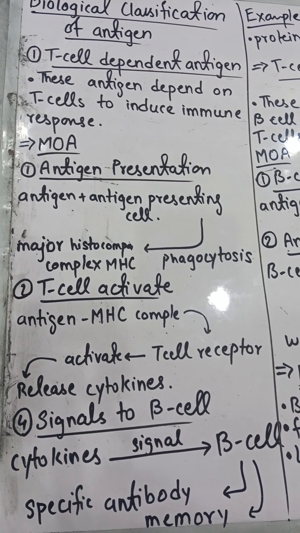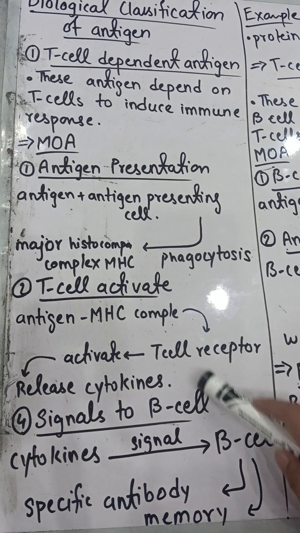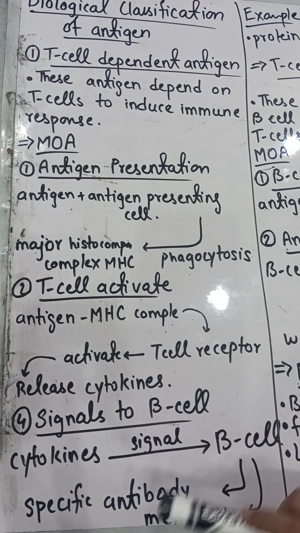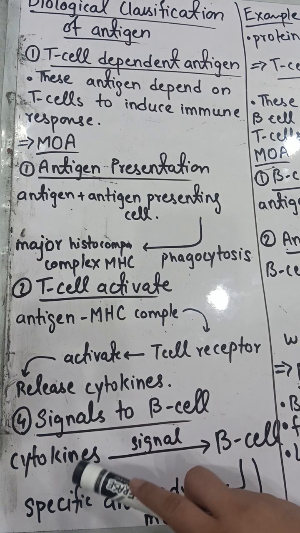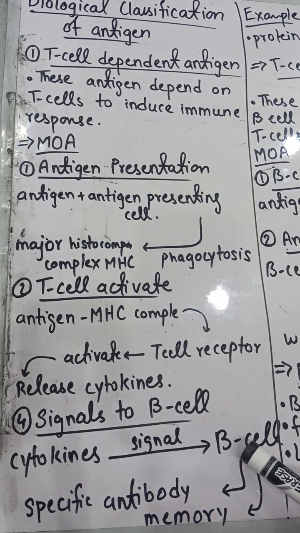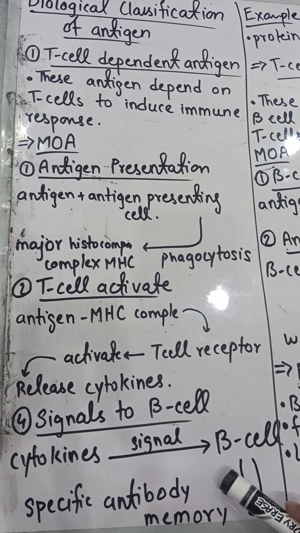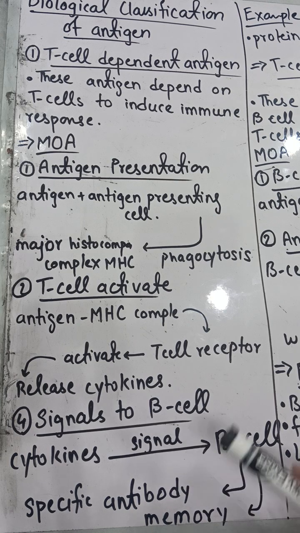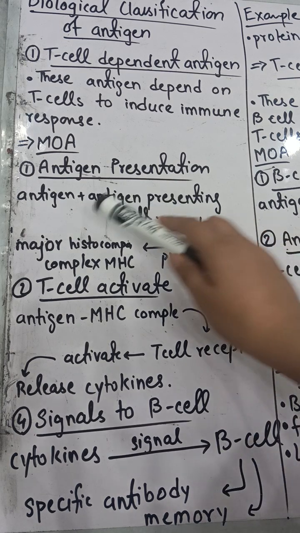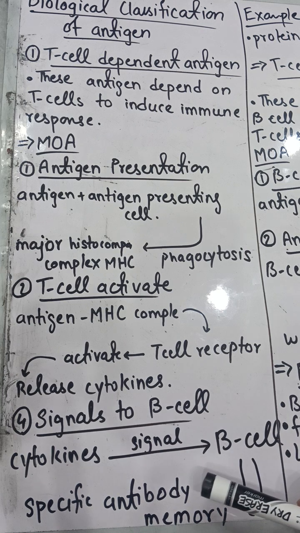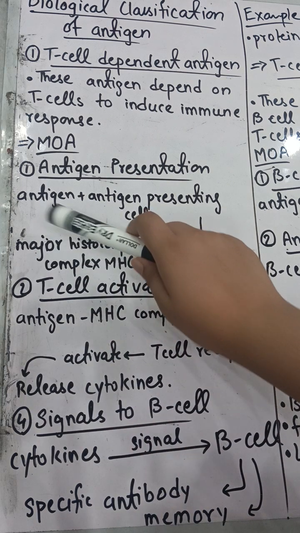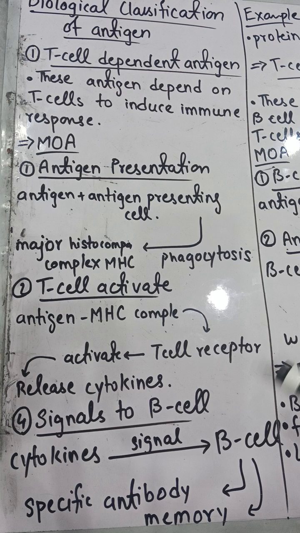The cytokines are responsible for the activation of B cells. The B cells are very important for the production of antibodies and the memory cells. So these cytokines send signals to the B cell. As a result, the B cell will produce plasma cells, and from the plasma cells a specific antibody will be produced against that specific antigen, and then these antibodies will bind with these antigens and agglutination will happen.